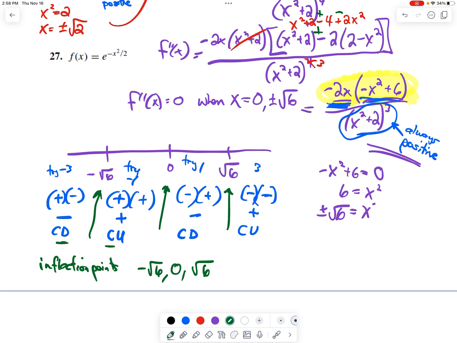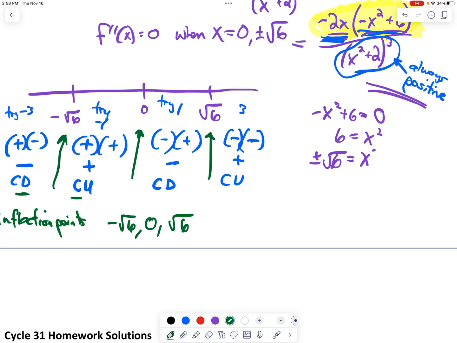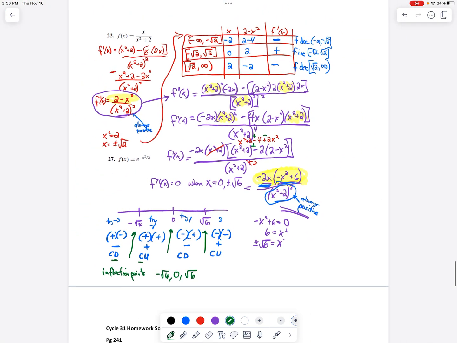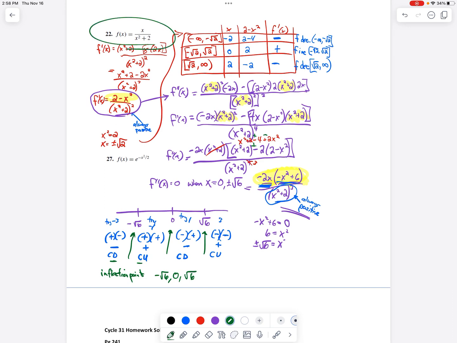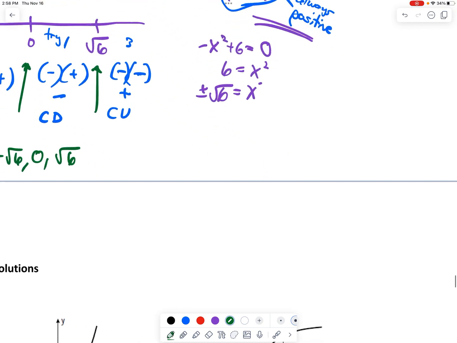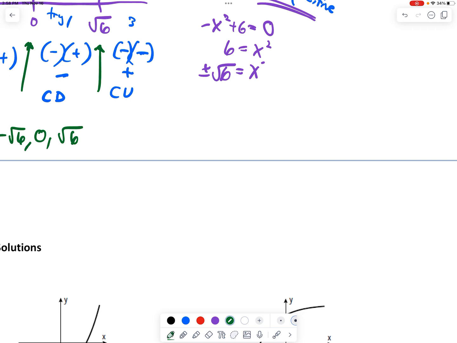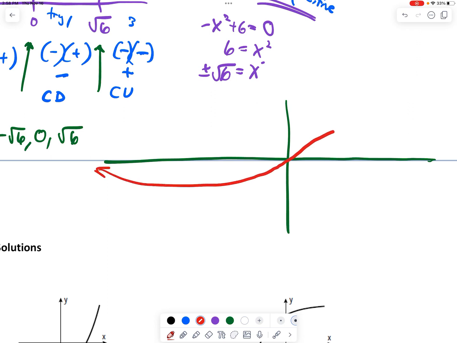All right, let's take a look at what that looks like. So this is x over x squared plus 2. Resembles something like this. I believe it is something like that.